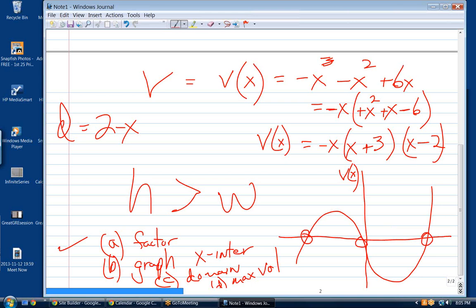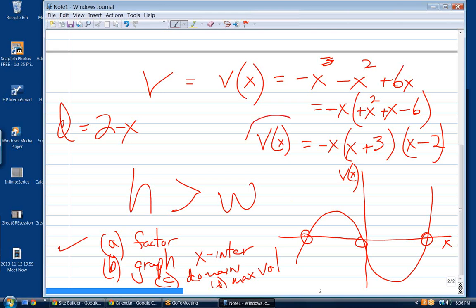0. You see why? In other words, the horizontal axis is the x-axis, but the vertical axis is v of x. So when you talk about x-intercepts of a function, you're saying basically, where is v of x equal to 0?